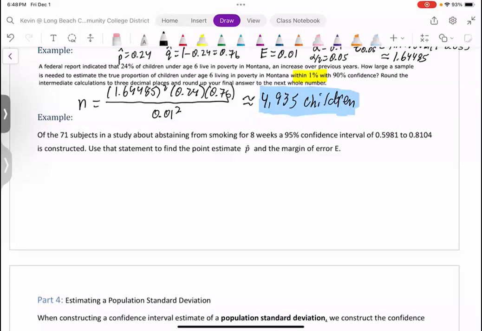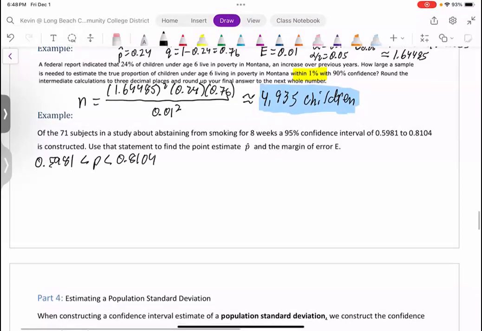So what they are saying here, let's fix that a little bit better. 0.5981.